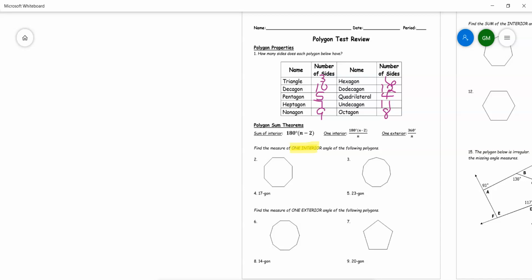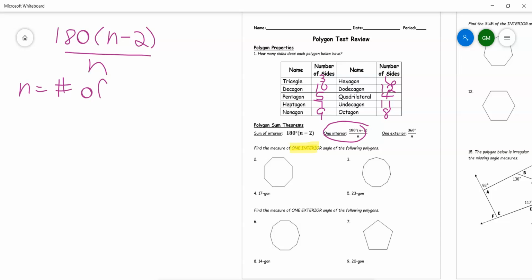So we have our formula for one interior angle right here, and it is going to be 180 degrees times n minus 2 divided by n, where n is the number of sides. We're going to use this information for numbers 2 and 3.